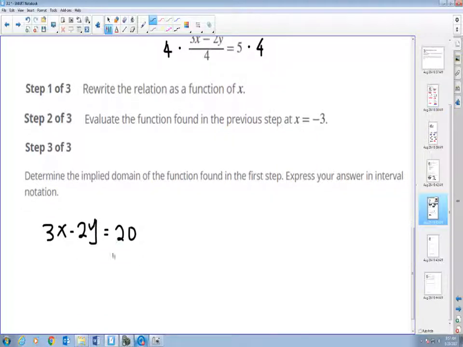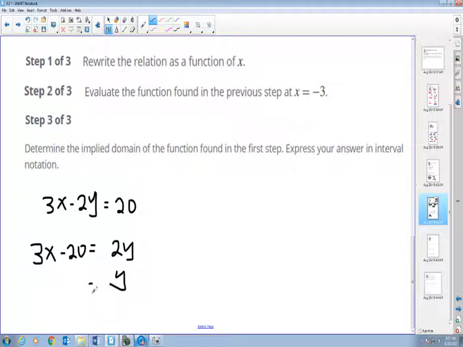To get y by itself, since this is a negative 2y, I will move it over. So that will be positive 2y on the right hand side. Move the 20 over, that will be 3x minus 20. Divide every term by 2. My y is equal to 3 over 2 x minus 10.